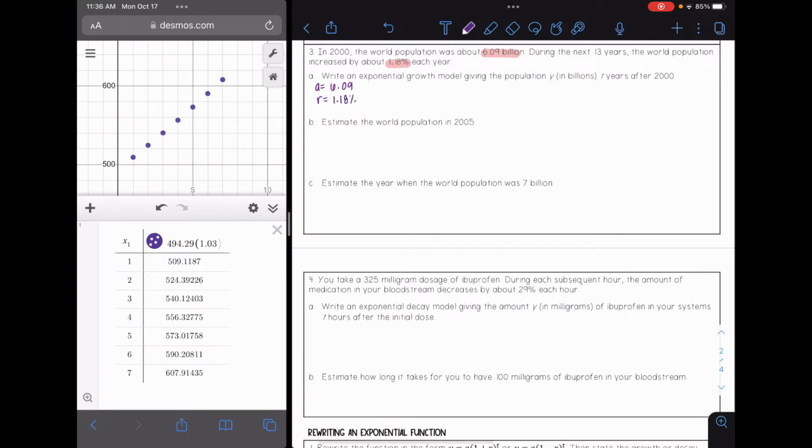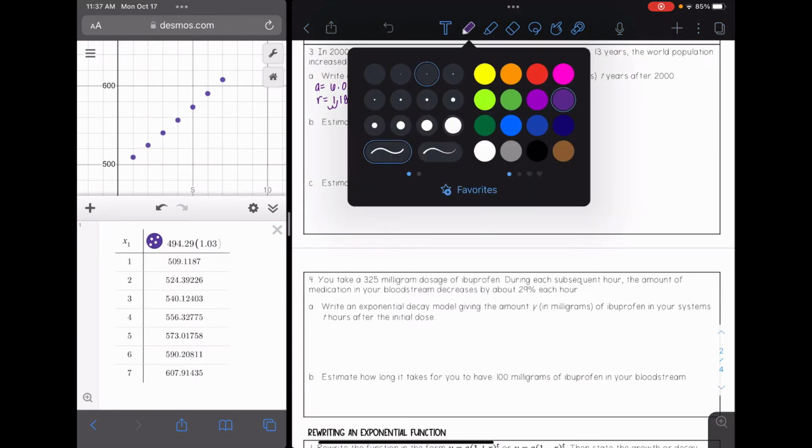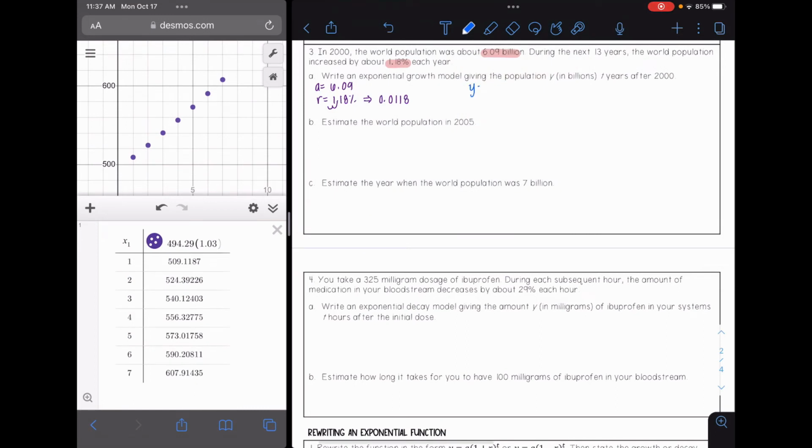However, remember that our rate is actually supposed to be written as a decimal, not as a percent. So that means I need to move that decimal place 2 back to get that r is equal to 0.0118. So that means when I'm writing my function, again, this is y is equal to a times 1 plus r raised to the t.